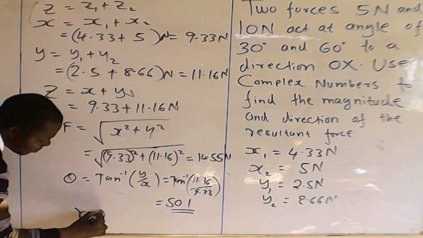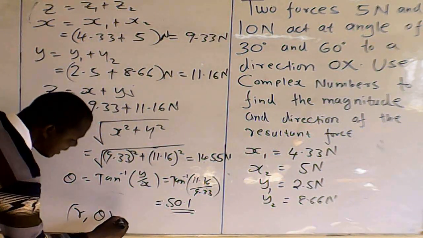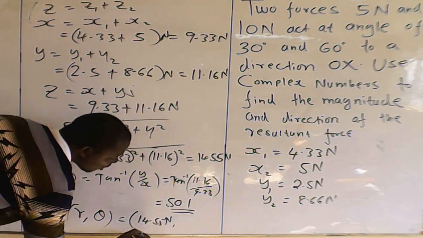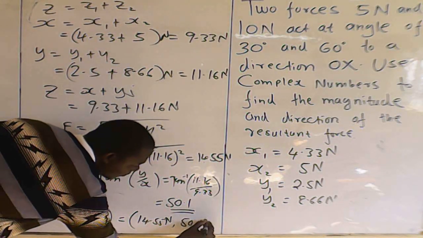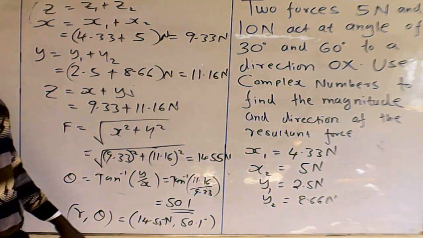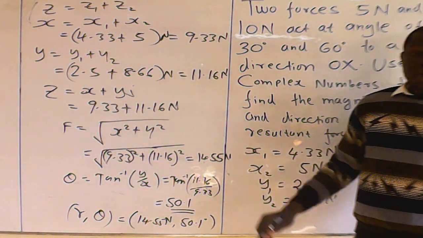That is how to present complex numbers in polar form, isn't it? So the magnitude is 14.55 Newton, direction is 50.1 degrees. That is how to determine the magnitude and direction of a resultant force using complex numbers.